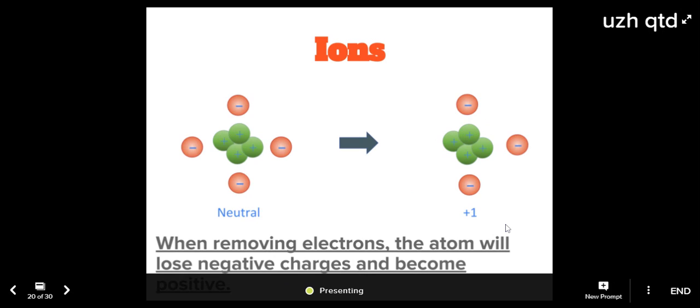When you remove electrons, the atom loses negative charges and becomes positive. Again, we have that neutral atom of beryllium. We lost 1 electron, so that's positive 4 plus negative 3, and that gives us a positive 1 for the charge. And this is a positive ion.